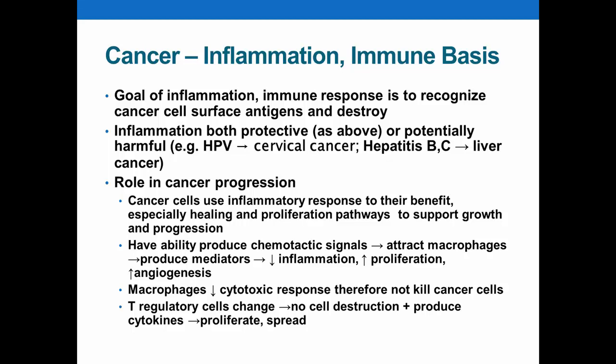Without the T regulatory activity, tumor cells are not destroyed as an end result, because again, they change those T regulatory cells to protect themselves to not be destroyed and allow them to continue to proliferate and allow them to continue to spread.